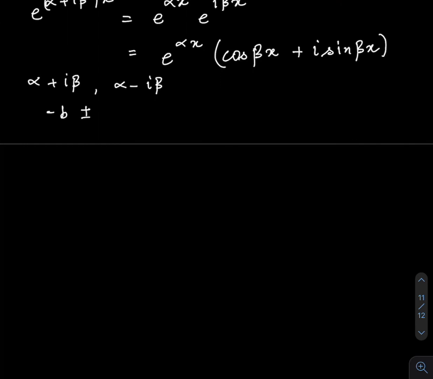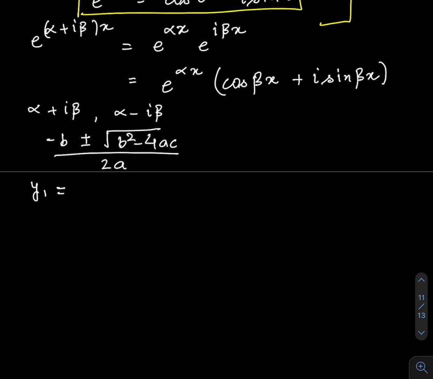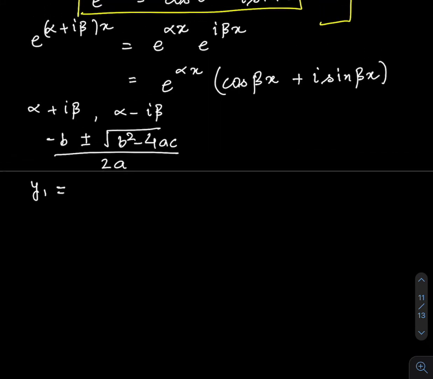This can be easily seen in the quadratic formula. The complex roots always come in pairs. So y1 is a solution to the ODE given by e^(alpha x) times cosine beta x plus i times sine beta x.